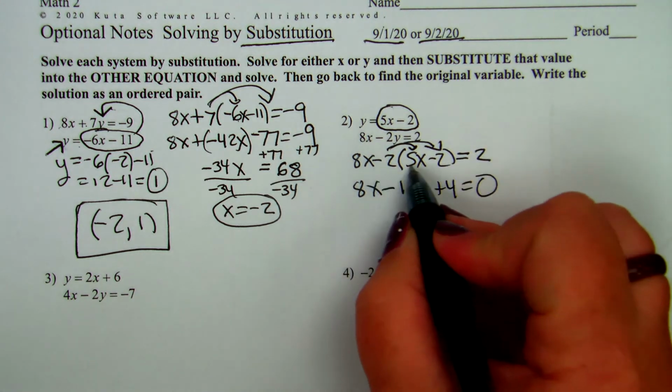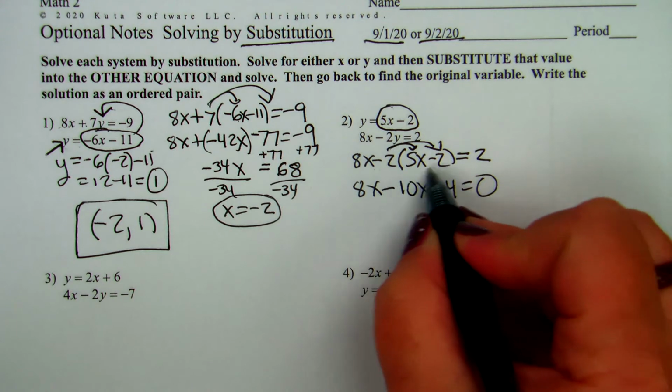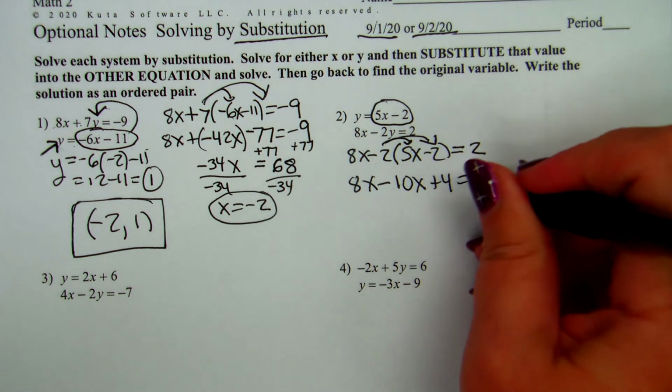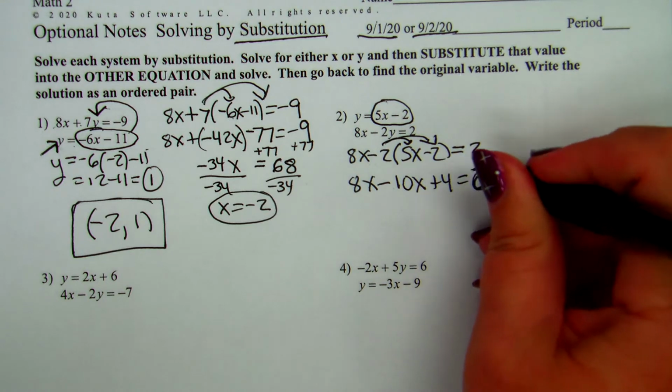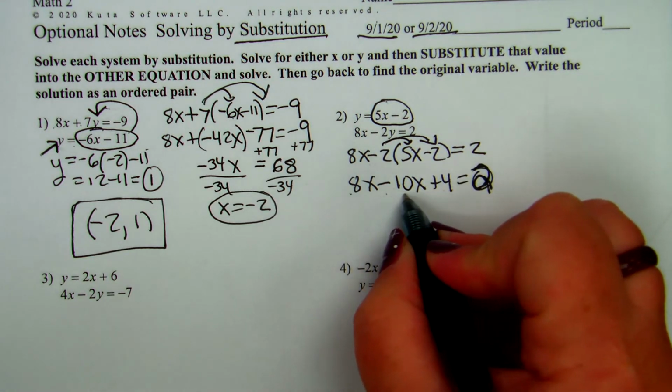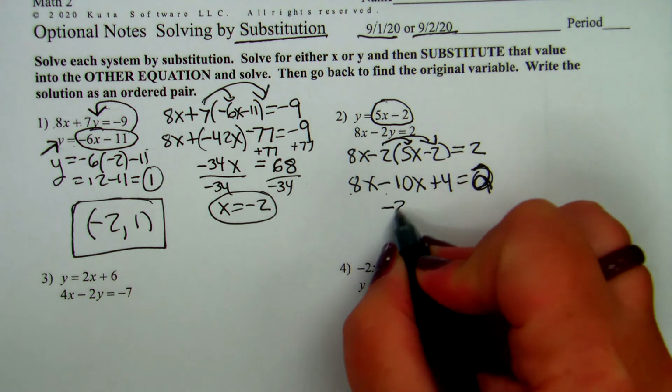Negative 2 times 5 is negative 10x. Negative 2 times negative 2 is positive 4 equals 2. 2x minus 10x is negative 2x.